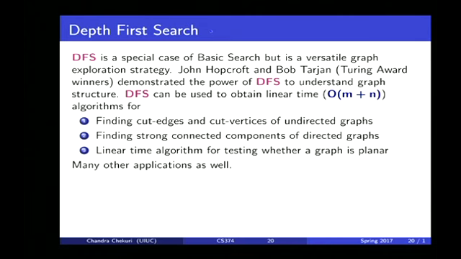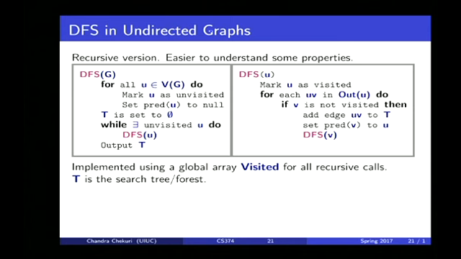Depth-first search is probably best understood recursively rather than iteratively. So if you want to do depth-first search from a specific vertex, you search a graph and start from a specific vertex U. How does it work? You initially mark all the vertices as unvisited.